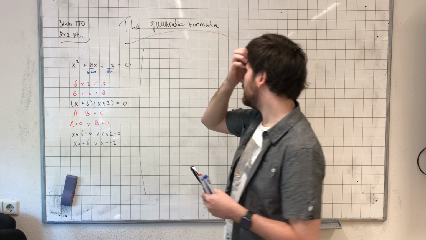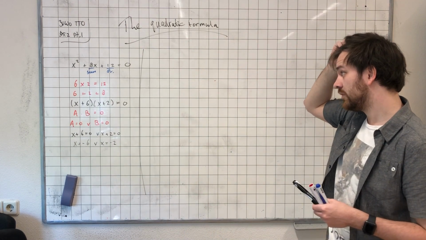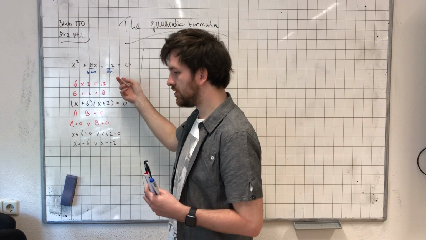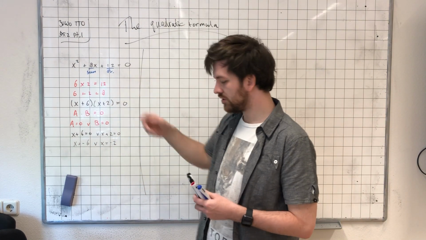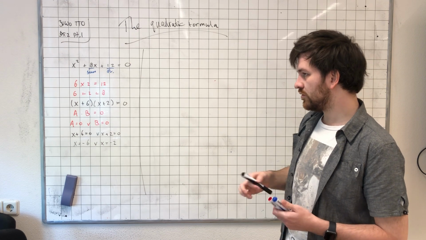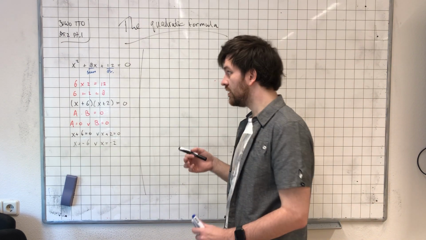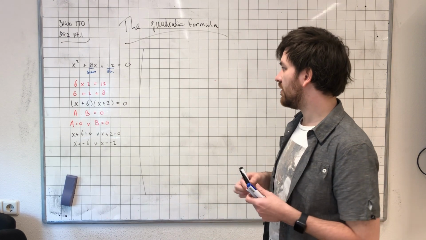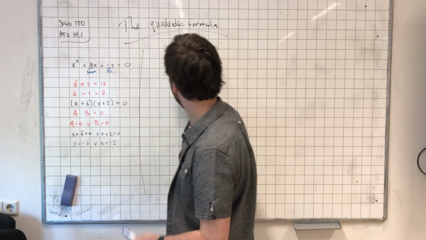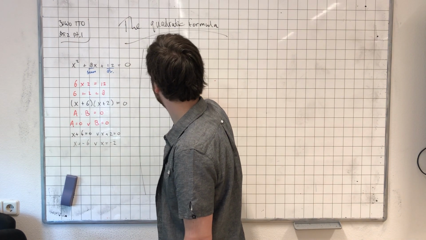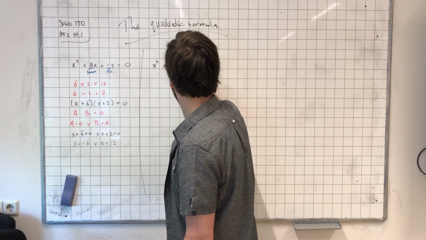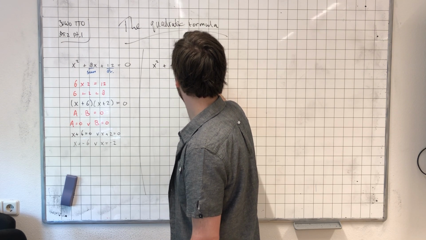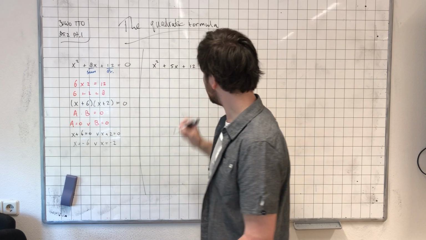So why do we need the quadratic formula? Well, sometimes it's really hard to actually find these two numbers. And even though some of you are really good at arithmetic, there are just cases in which it is very hard. For example, if we're looking at x squared plus 5x plus 12 equals 0.